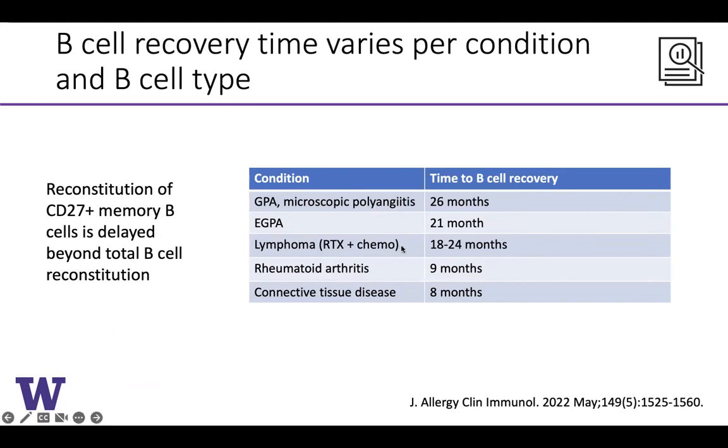That's potentially related to additional immunosuppressive treatments used with that, whereas rheumatoid arthritis or other rheumatologic conditions like connective tissue disease have a shorter time to B-cell recovery. And then, maybe not surprisingly, looking at which B cells take longer to recover, memory B cells take longer than overall B-cell counts. And I think that makes sense. It takes time to rebuild that population.